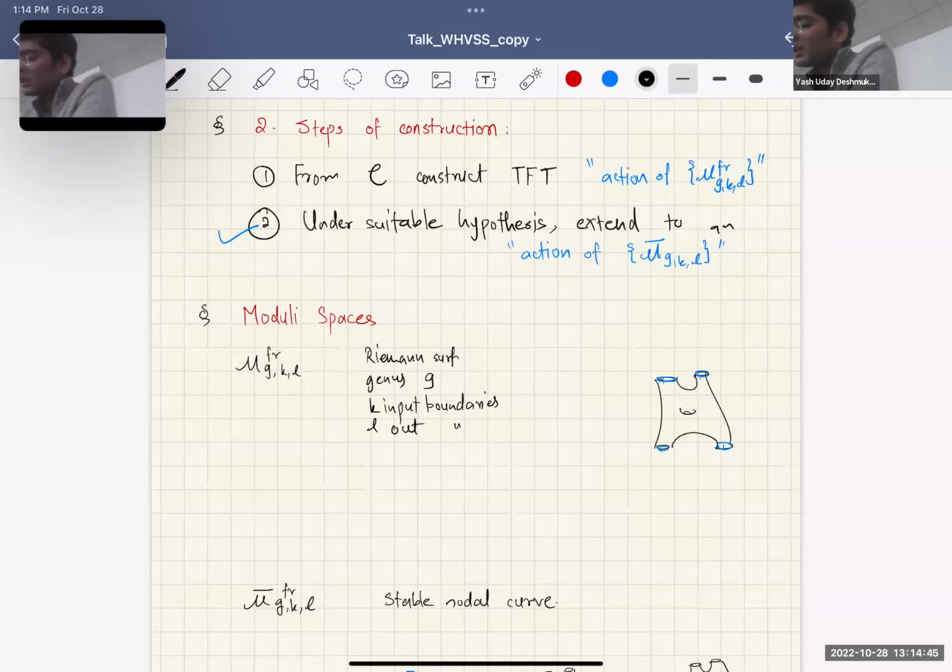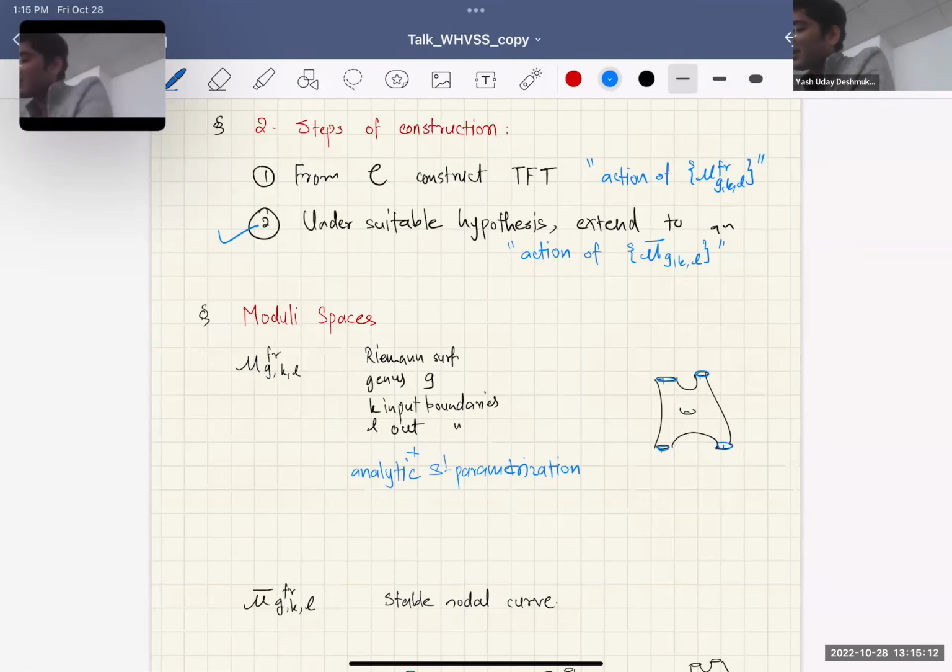So in total, they have K plus L boundary components, K of which you designate as inputs and L of which you designate as outputs. And crucially, you take an analytic S1 parameterization of the boundaries. So each boundary carries an analytic S1 parameterization.